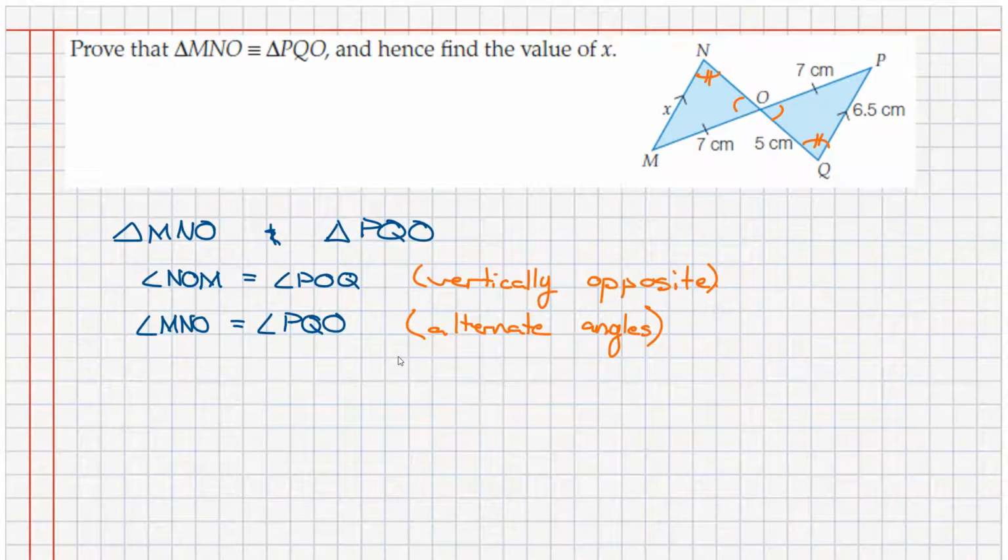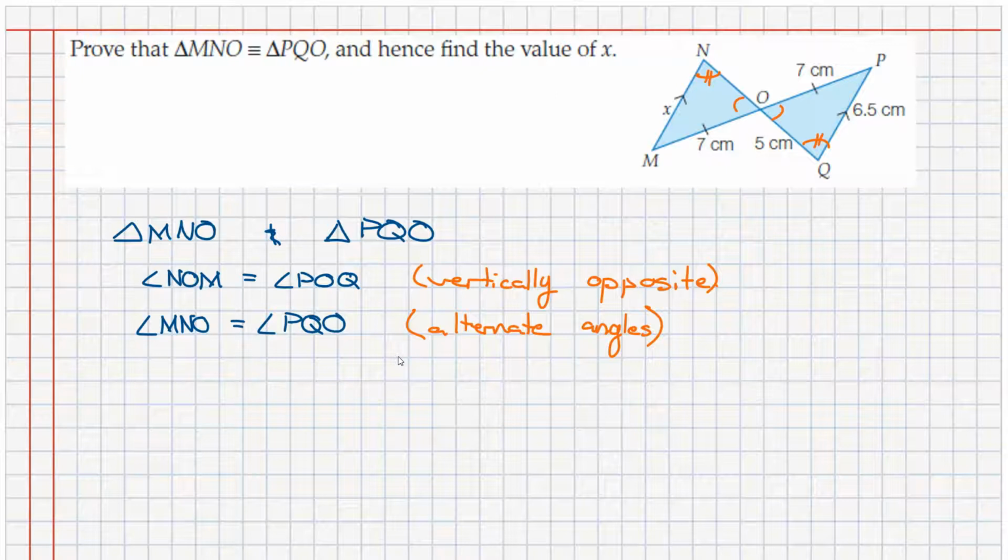Both of these angles are subtended by this common line here, N and Q. And because of the way they're intersecting, they are on alternating sides. Based on the properties of alternating angles, we know therefore that angles MNO and PQO are going to be equal based on the alternate sides property.